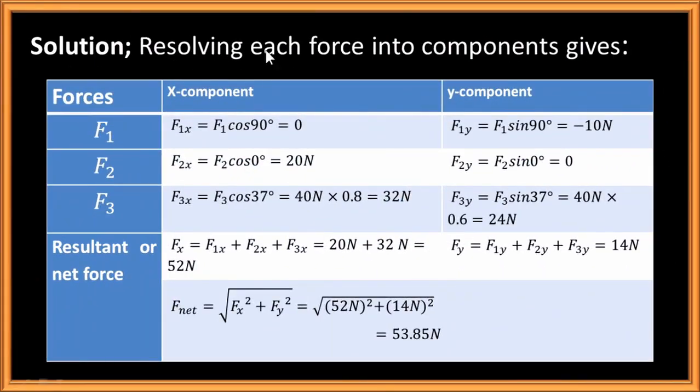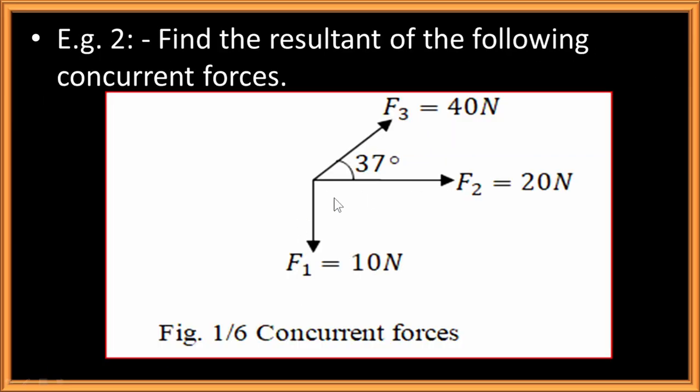Solution. Resolving each force into components gives the easy way to find the resultant of any forces or concurrent forces: x component and y component forces. Look, the forces given are F1, F2 and F3. And here is the resultant. F1 has only y component but not x component, because it is directed downward.